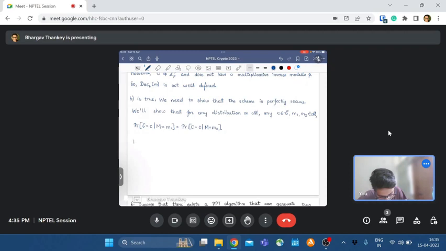The probability that C is equal to C given M is equal to M1. What is this?